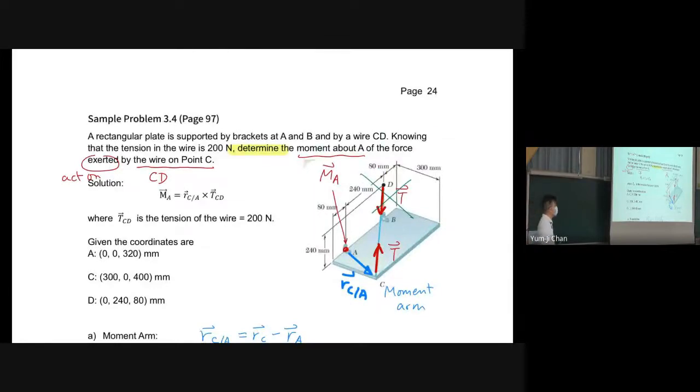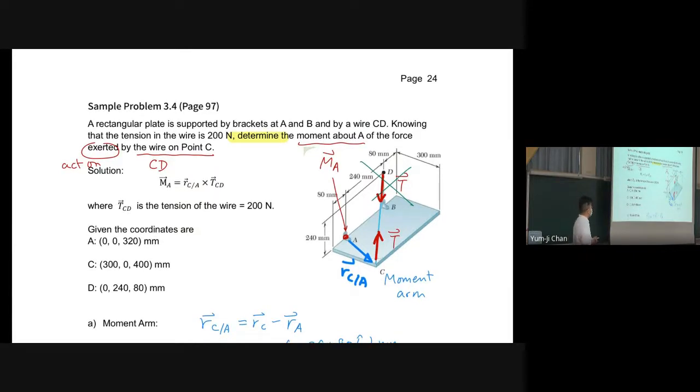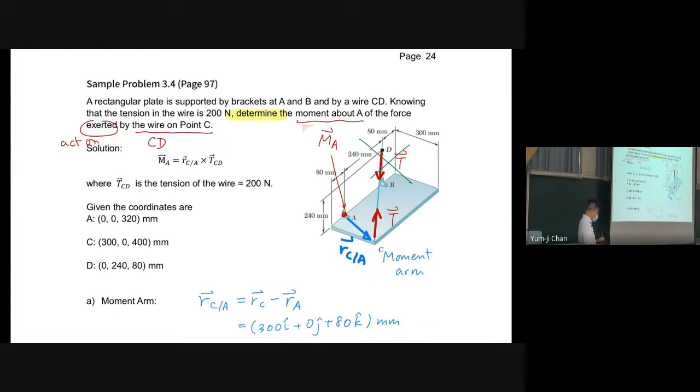So on Tuesday we discussed two sample problems. One of them is to determine the moment given the moment arm and the tension or the force. This is quite direct, because the quantity to be determined is the moment.